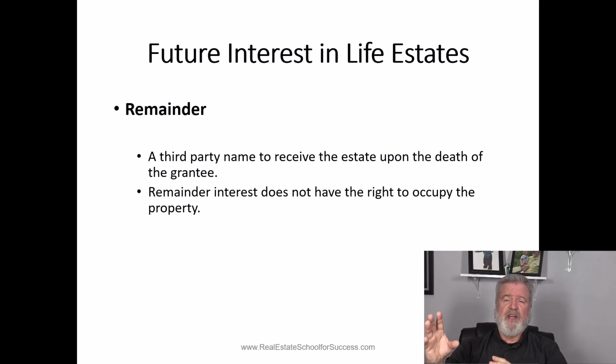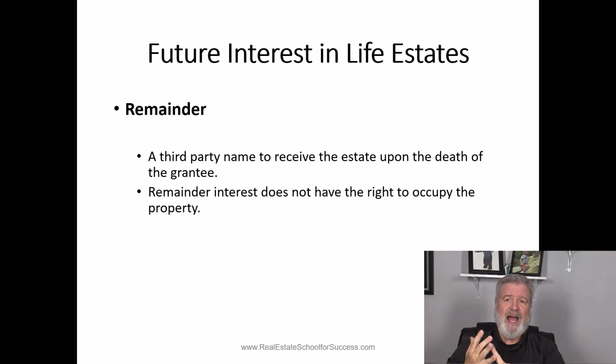And the life tenant is doing whatever they're doing, and John doesn't like it. Is there anything John can do about it? Here's the key thing you need to be paying attention to. If it states that somebody has remainder interest, what should that tell you about the life tenant? That means the life tenant is still alive. And obviously if the life tenant's alive, then there's nothing John can do about anything.